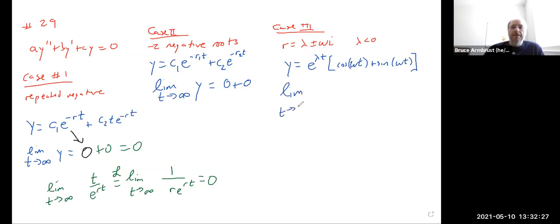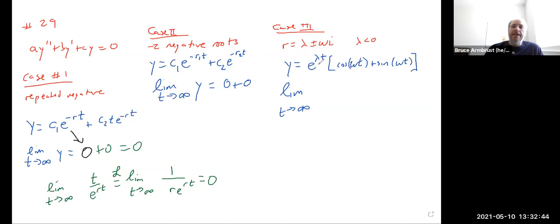All right, well, again, what about the limit as t goes to infinity? Now, the cosine and the sine bit, there is no limit on those, right? They're just going to keep bouncing around.